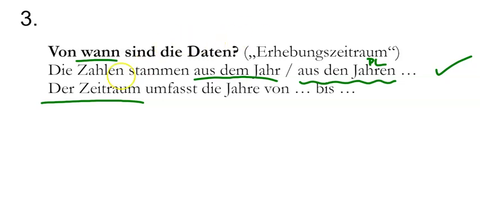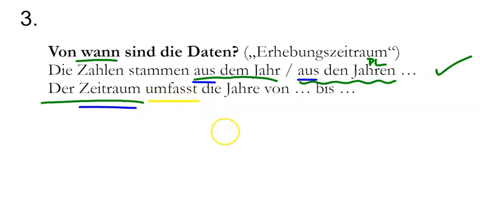So if I wanted to say die Zahlen stammen aus dem Jahr, so they come from the year, das Jahr becomes dem Jahr. Or if it's more than 1 year, maybe it's 1999 and 2000, then you could do plural. You could also look at the time period and use umfassen.